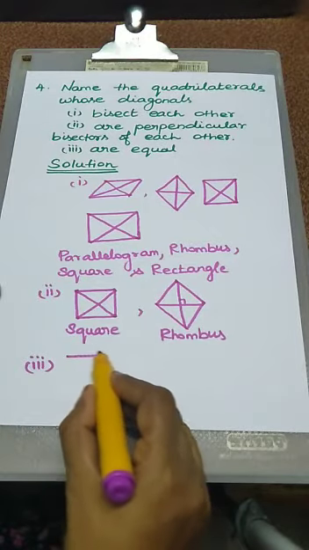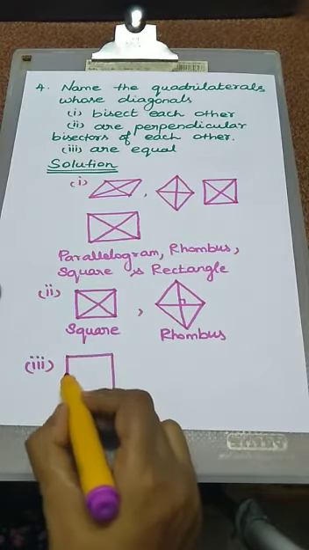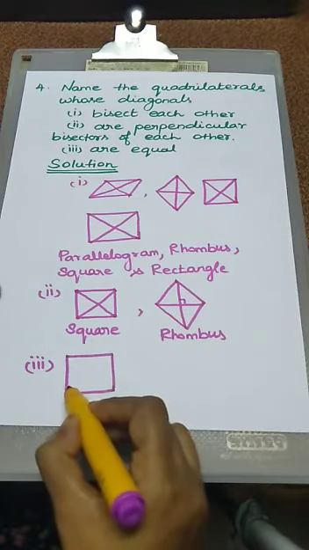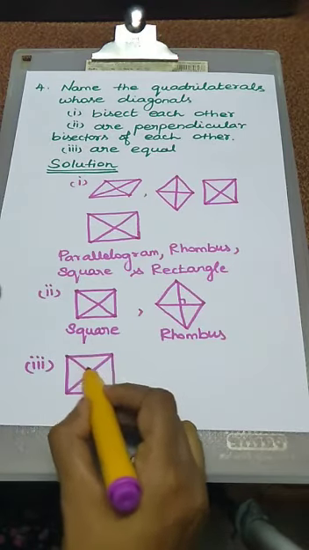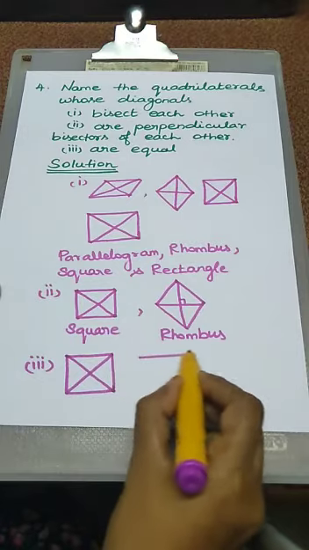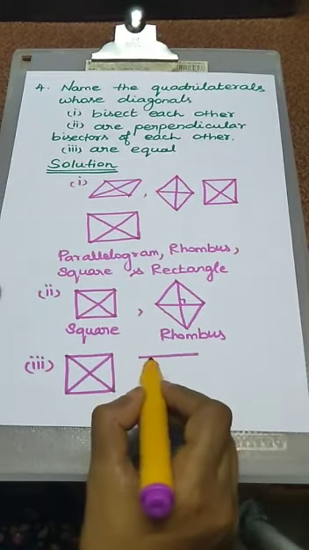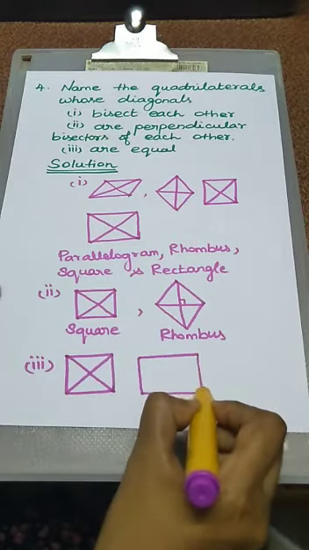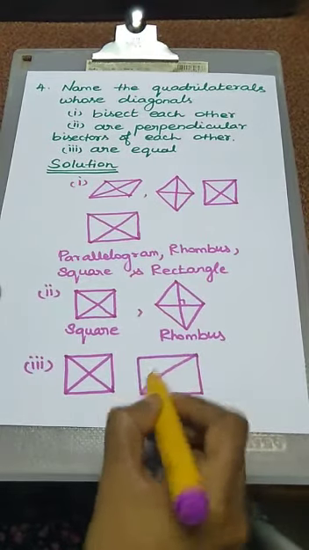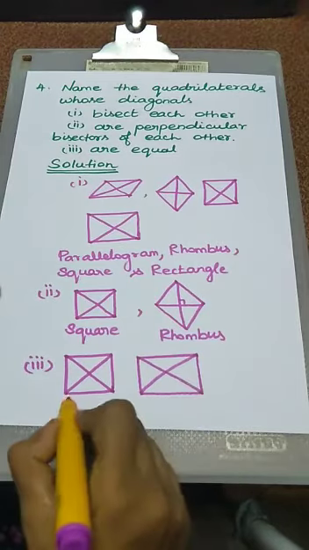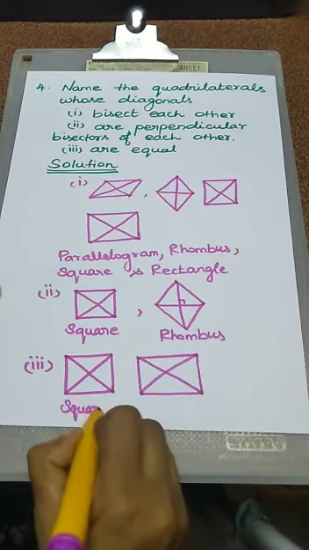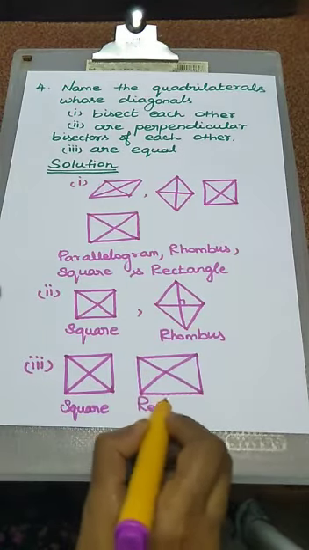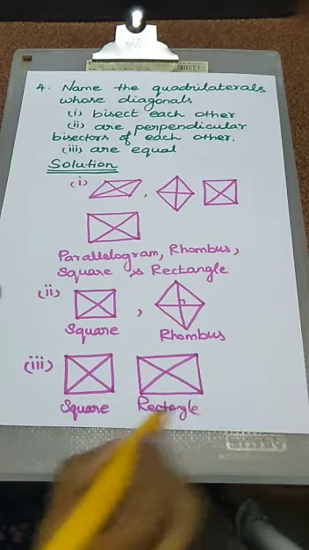Square and rectangle only. So the answer is square and rectangle. Okay.